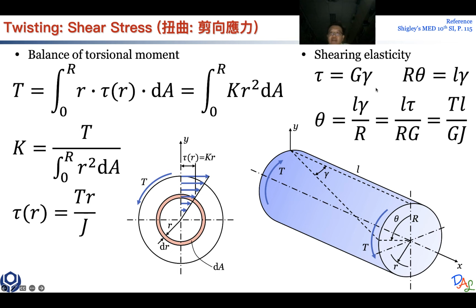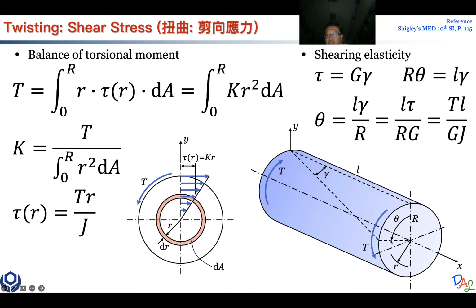If we put these two equations together, we end up with theta equals L gamma over R. This came from the second equation right here, and if we put the first equation in, we know theta equals L tau over R G. Let's have a brief observation of this.